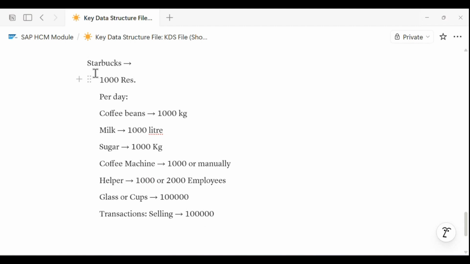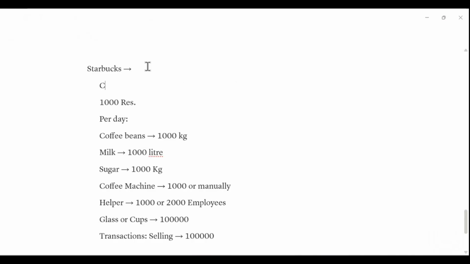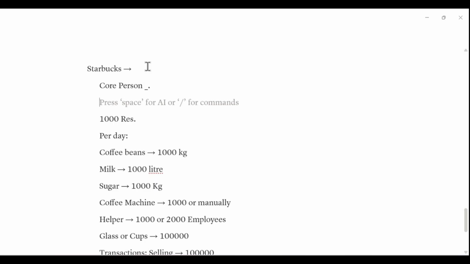But with Starbucks, these restaurants are not in a particular location, these stores are worldwide. Your company is required to store all the data, and all the core persons, core employees, senior managers, the chief executive officer, chief financial officer, chief operational officer, want to see all the data every day.